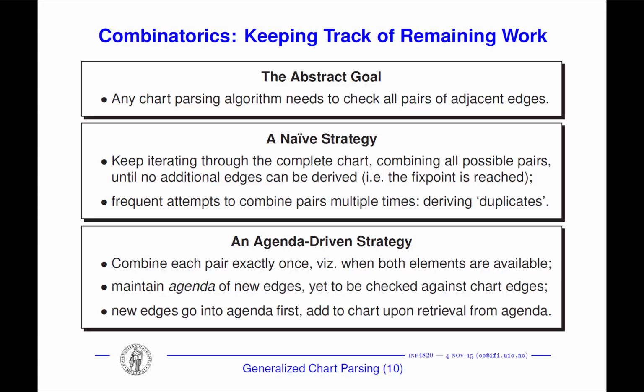That is, we evaluate each pair against the fundamental rule once, and that can only be when both elements are available. We can't try a pair of edges when only one of them is available.